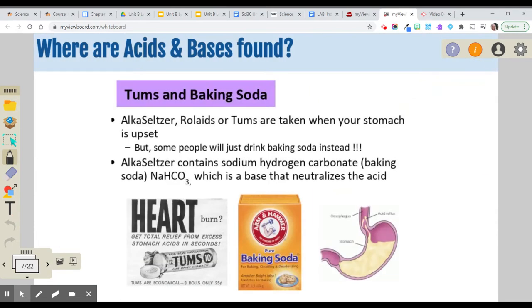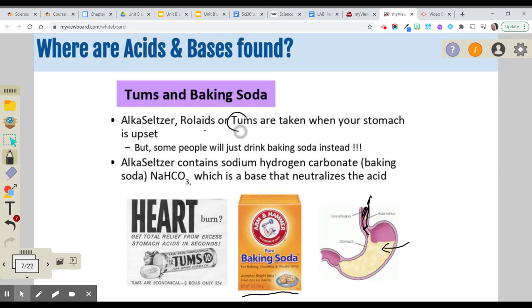So you also find, like I said, in lots of different foods, acids and bases can be found. Baking soda is a base. Alka-Seltzer, Rolaids, Tums. You take these when your stomach is upset. It's because your stomach is full of acid, right? We all know stomach acid is in there. And some people, if they have a very good sphincter here, the reflux can allow some of this acid to start coming up your esophagus and it burns.